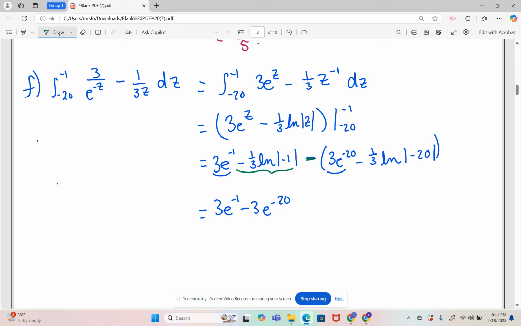So minus negative. All right, so we see they have the same 1/3 in front of the natural log. And we have the negative 20 and the negative 1. So we put those together. That would be plus the natural log of positive 20.